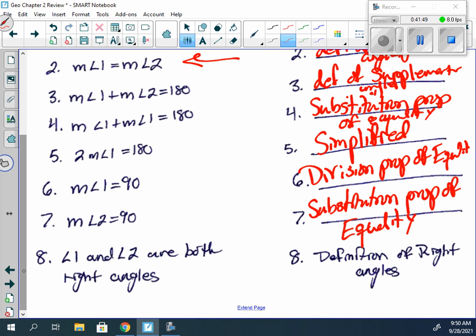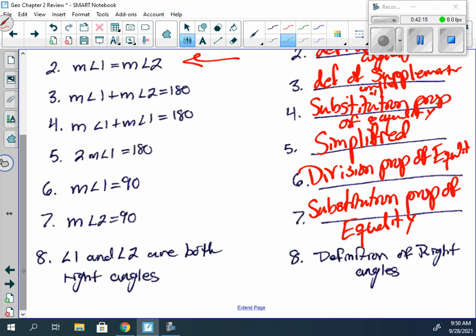I factored it out. I divided both of the terms by the measure of angle 1, and 1 plus 1 is 2 times the measure of angle 1 is equal to 180. It's the distributive property backwards. So I'll take simplified or distributive property.